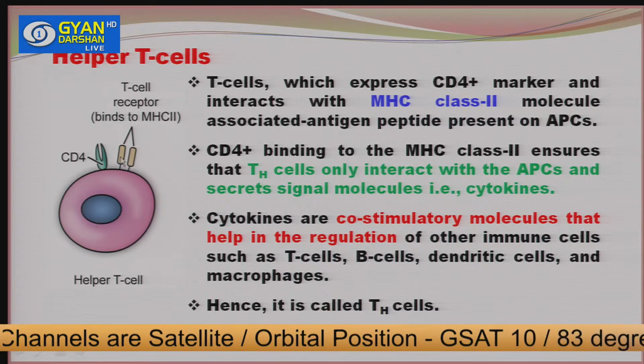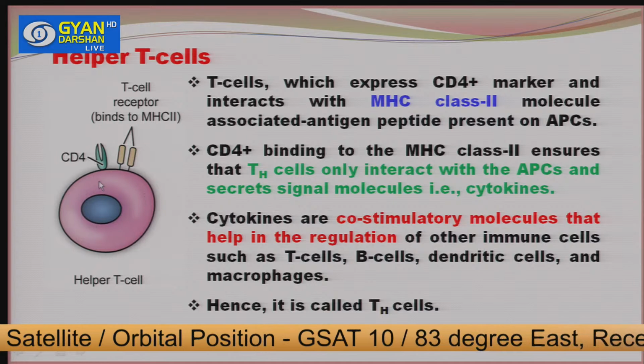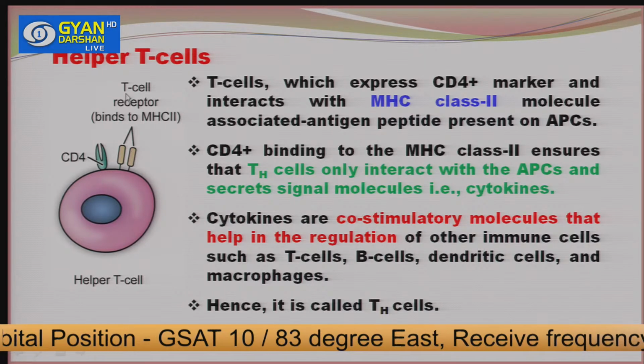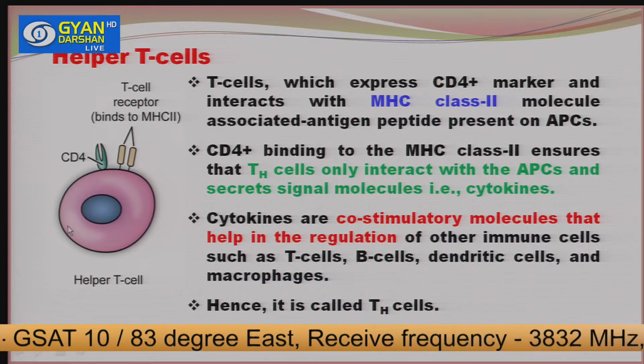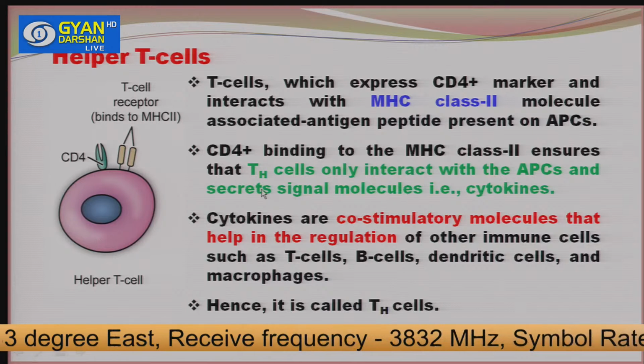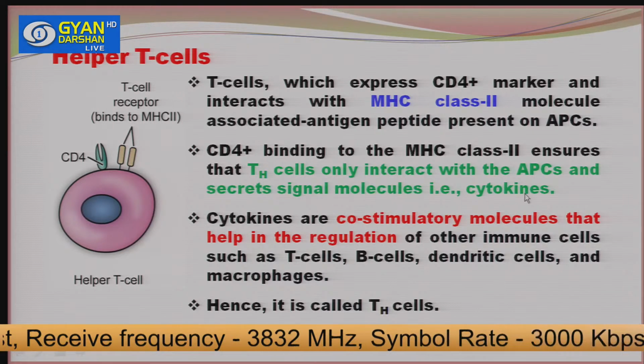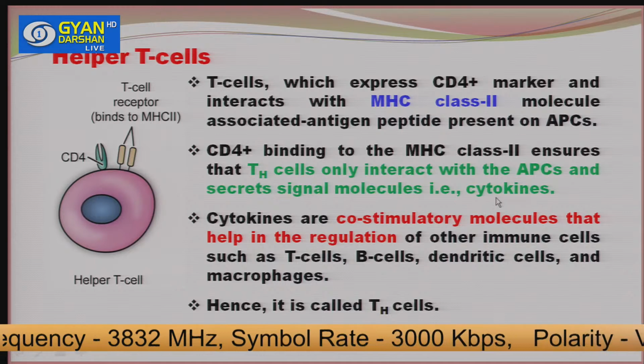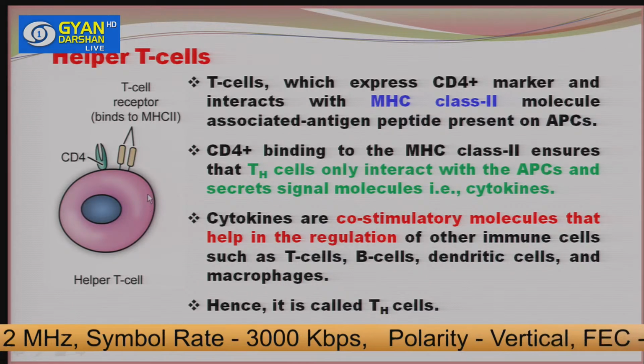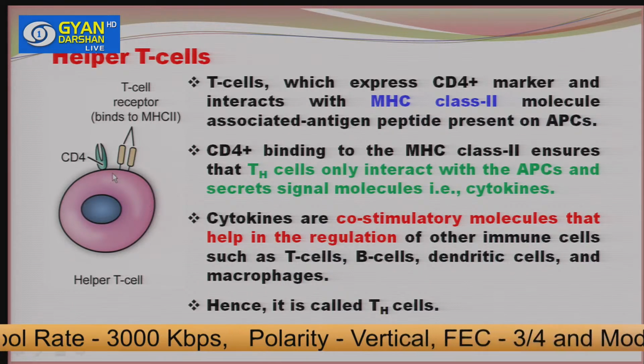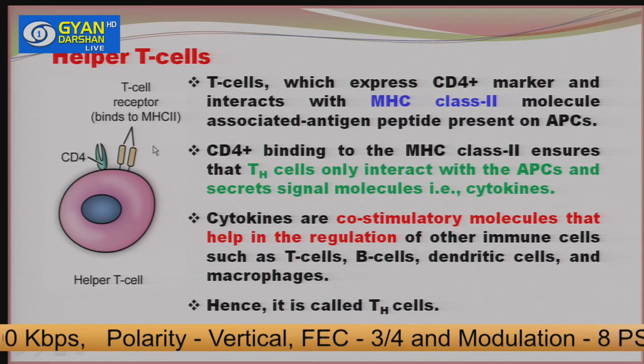After binding of the TCR with the MHC, they produce the signal molecules known as cytokines. Cytokines help in the differentiation, maturation and activation of the T cells.